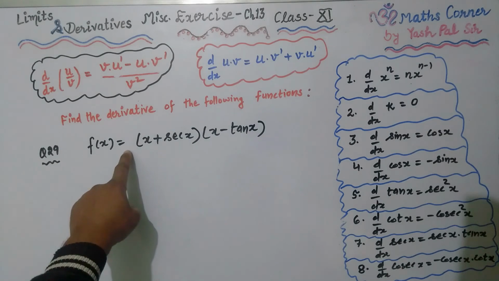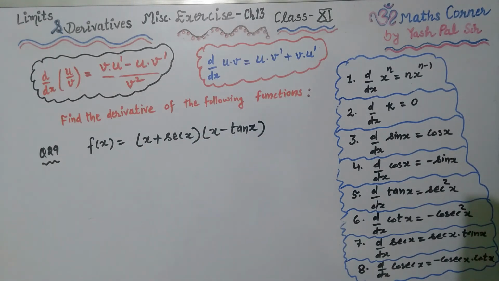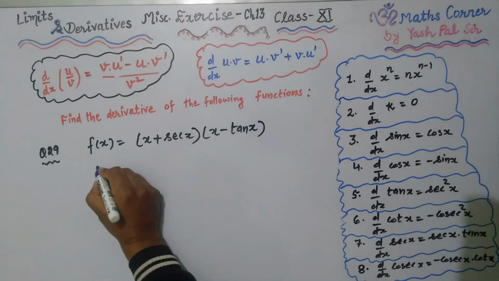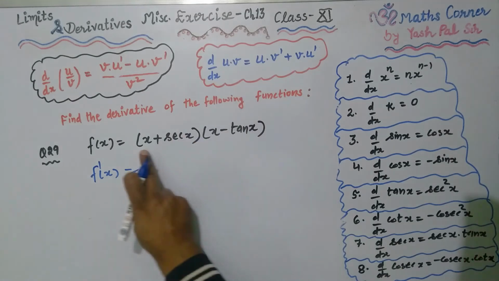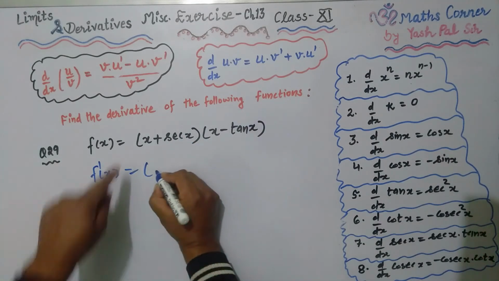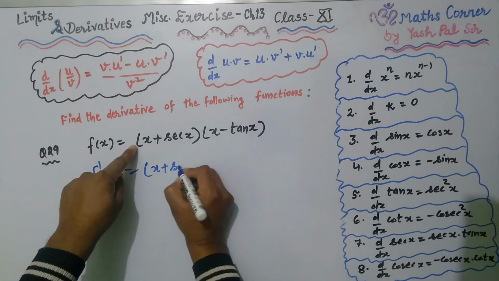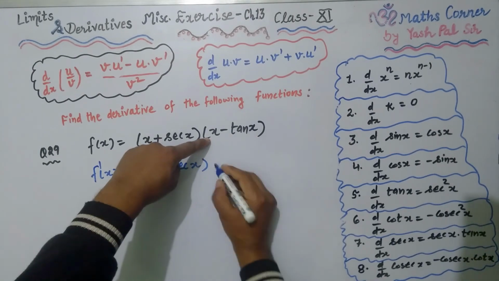f(x) is equal to (x plus sec x) into (x minus tan x). So here f'(x) is equal to u into v. This is u, this is v. u as it is, that is (x plus sec x), into v', its derivative.